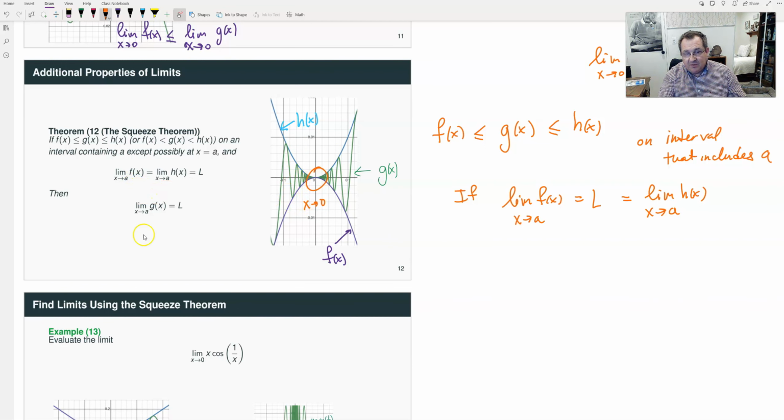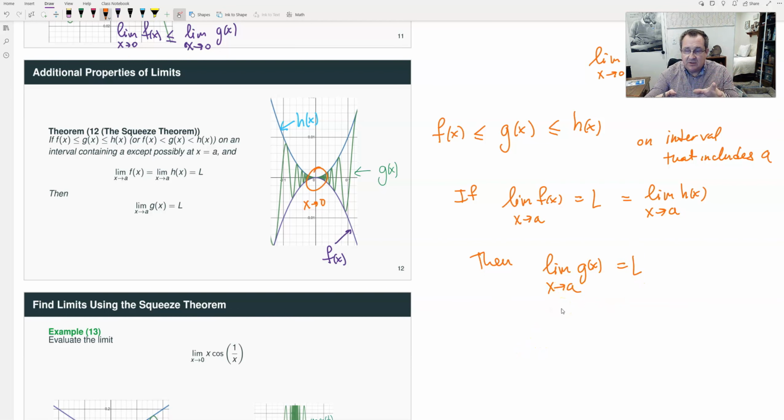Then the middle function, the one squeezed between them, has no other choice than to also have a limit, and that limit will be exactly the same as the limit of the top and bottom functions. So the limit of g of x exists, and it is equal to L.